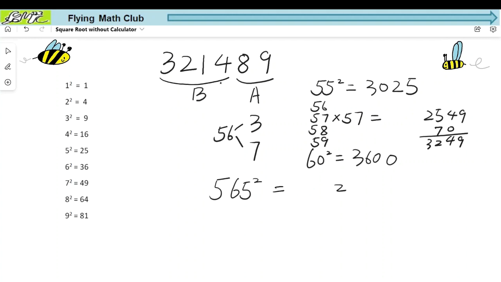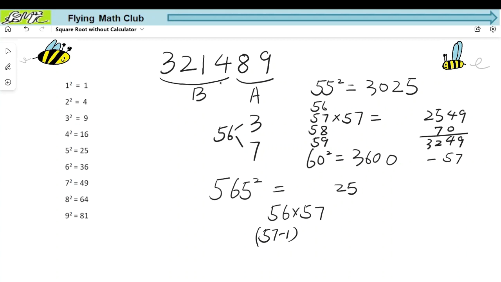This equals 25. It's 56 times 57. As we already have the 57 squared value here, we can look at 56 as 57 minus 1. So this value equals 57 squared minus 57.